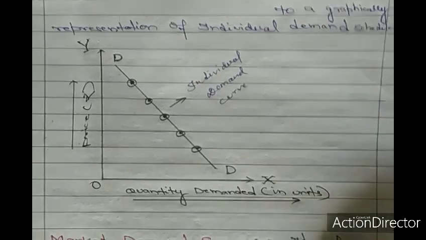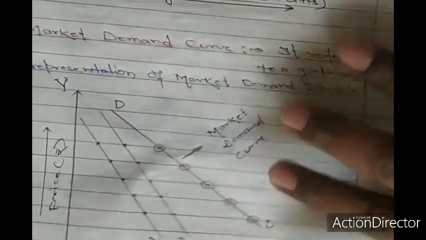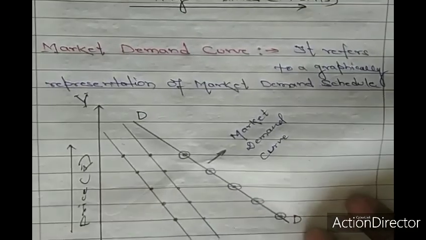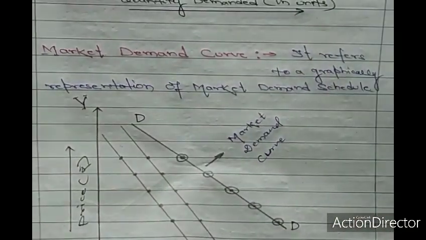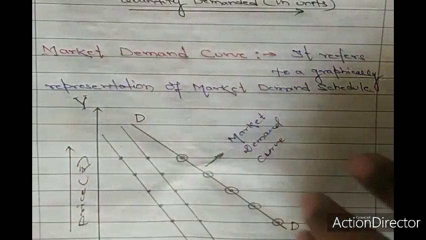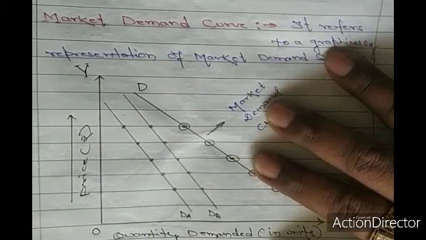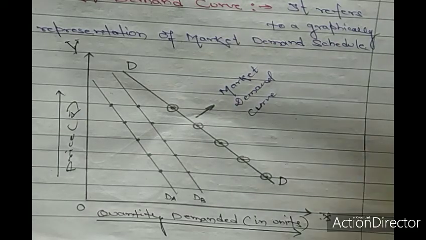Now let us understand the market demand curve. What is the market demand curve? Just see on the screen, the market demand curve is a graphical representation of the market demand schedule. So try to remember the market demand schedule. What is its meaning? It is the sum total of demand of all the consumers.